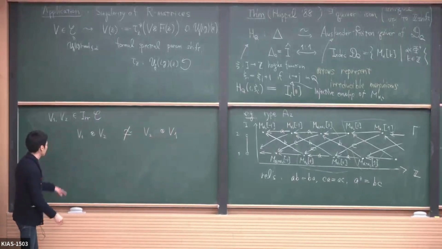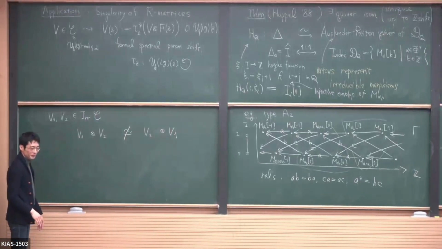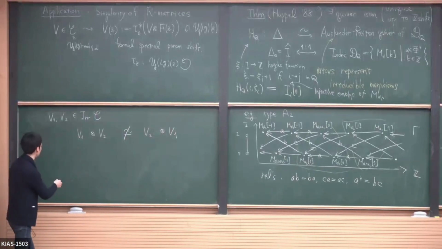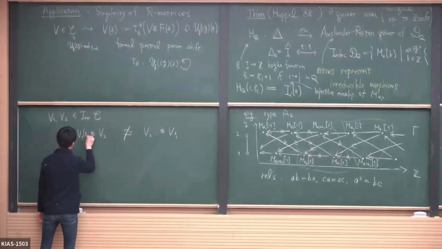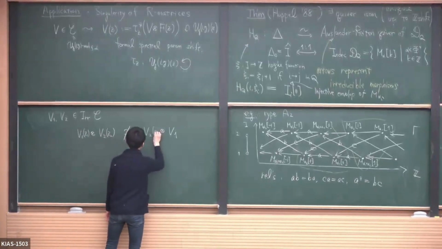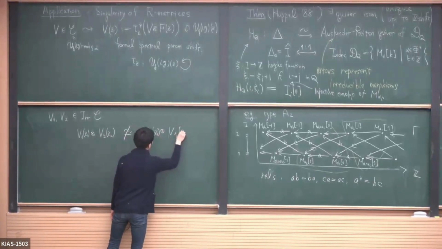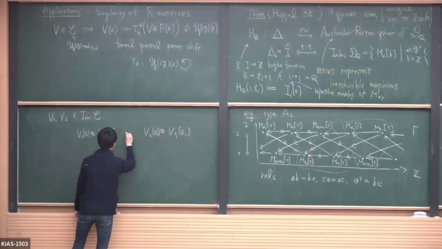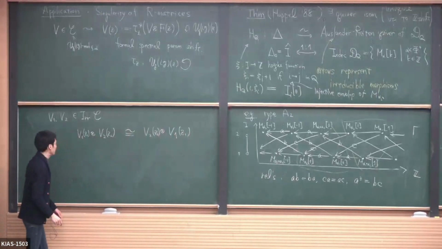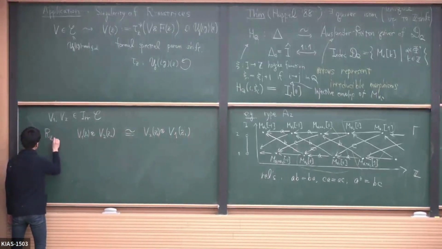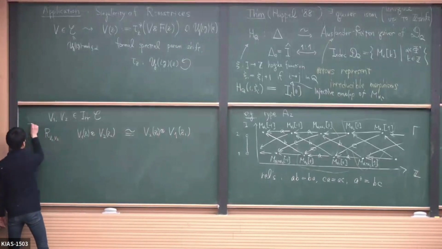It happens that they are not isomorphic. But if we apply formal spectral parameter shift to these modules, then we always get an isomorphism. And this isomorphism is the so-called R-matrix. So there is an isomorphism.